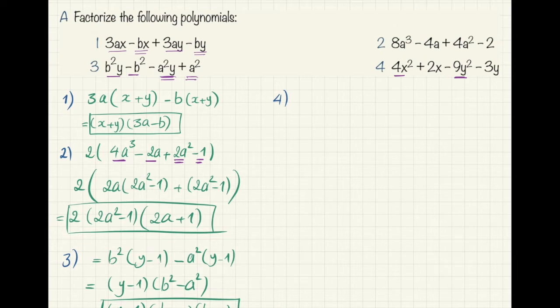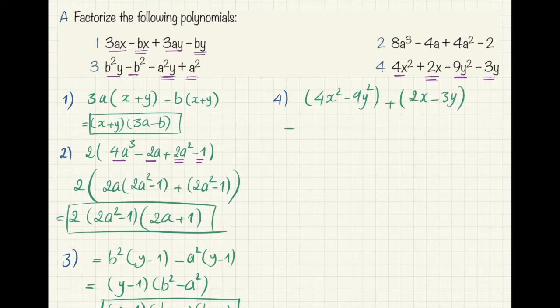So just let us write them here. So let me write them in this form, in brackets. So I will have 4x squared minus 9y squared, and then what is left for me is 2x and minus 3y. So I will write them in another pair of brackets. So it is 2x minus 3y.